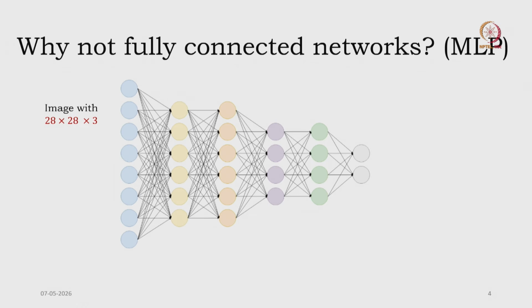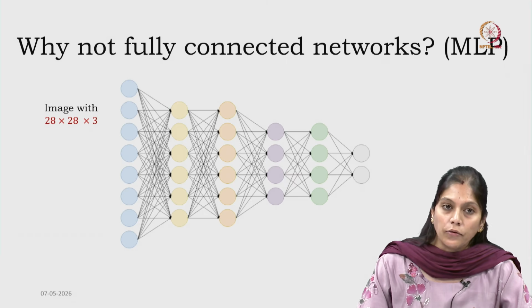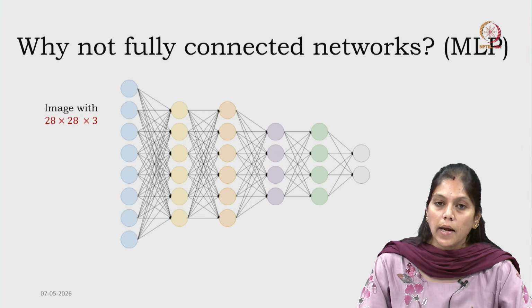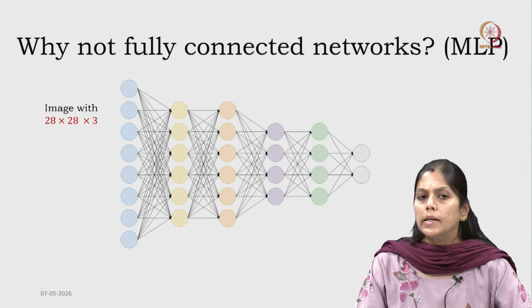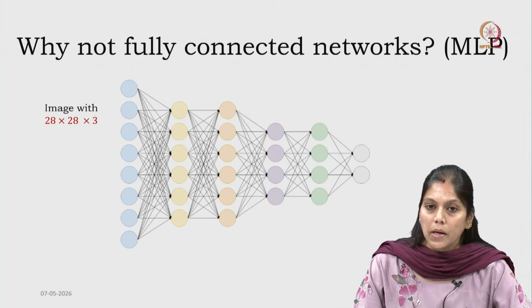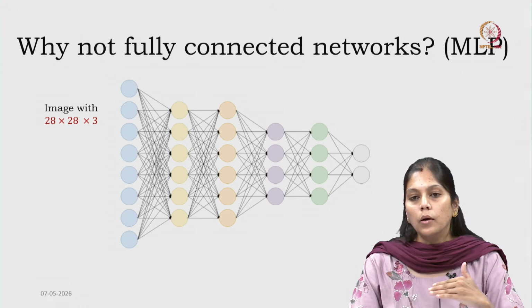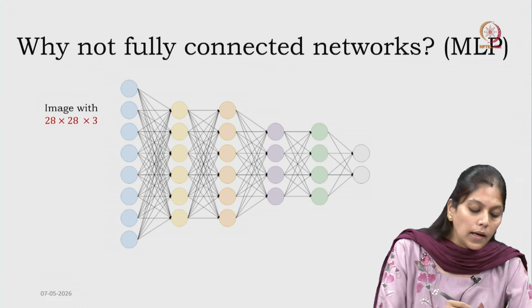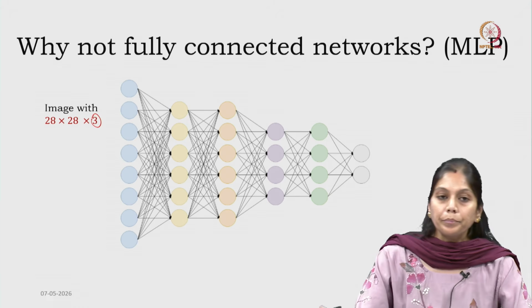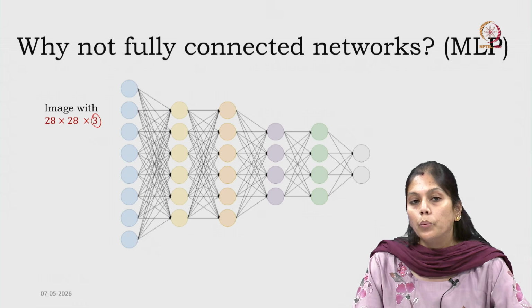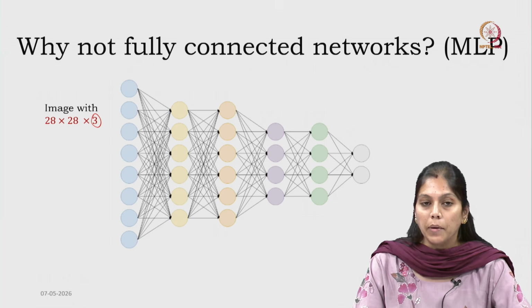Let's look into it. Suppose we have an image of size 28 x 28 x 3. What exactly is 28 x 28? As we saw some time back, it is the dimension of the image, the height and the width. And here 3 is the number of channels, which indicates we are dealing with a colored RGB image.